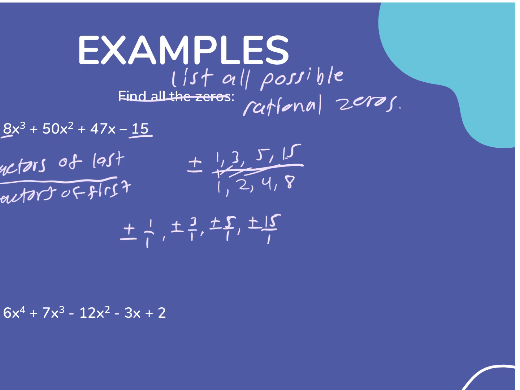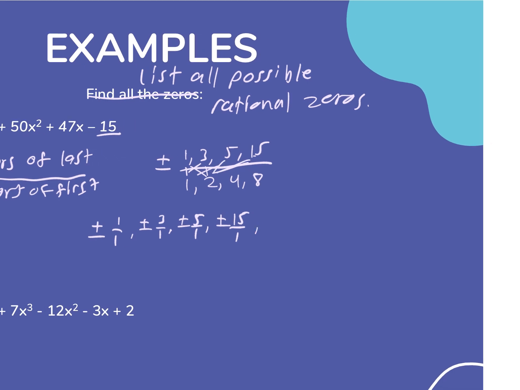Because we still have more factors of 8 on the bottom. So I'm going to put 1 over 2, 3 over 2, 5 over 2, and 15 over 2 as more possibilities, right? So plus or minus 1 over 2, 3 over 2, 5 over 2, and 15 over 2. Plus or minus, right? So I'll write plus or minus.